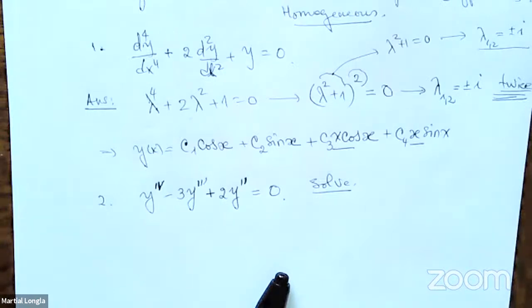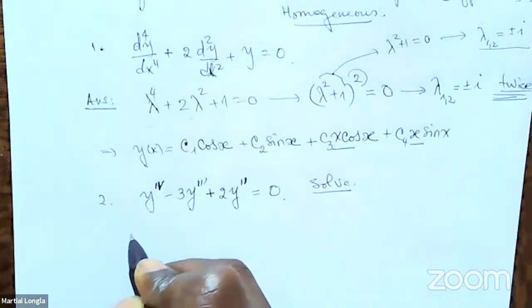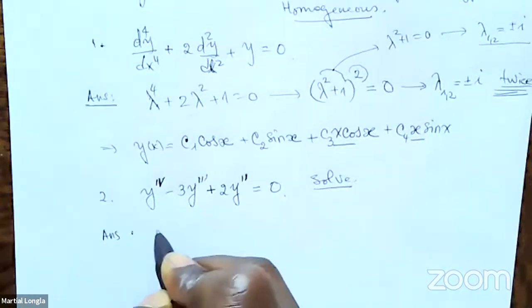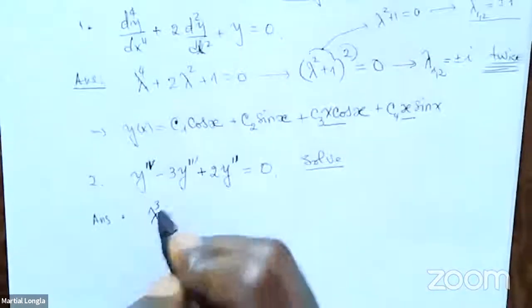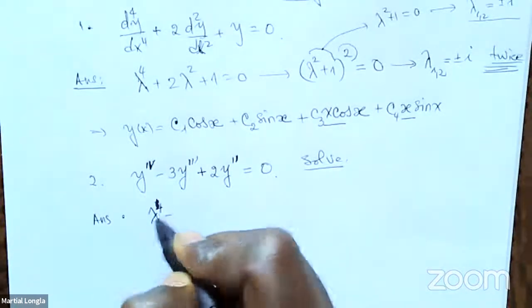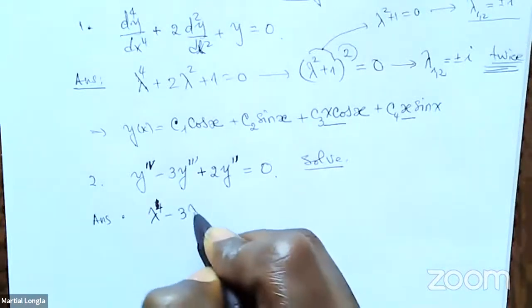I'm still trying to solve it. Perhaps give me the Euler equation. Oh yeah, I can do that. Lambda to the fourth minus 3 lambda to the third plus 2 lambda to the second equals 0. That's correct.